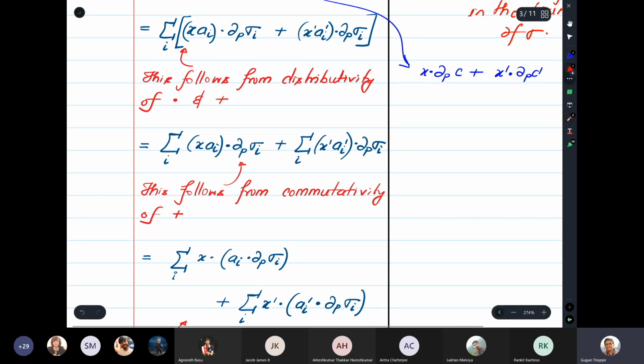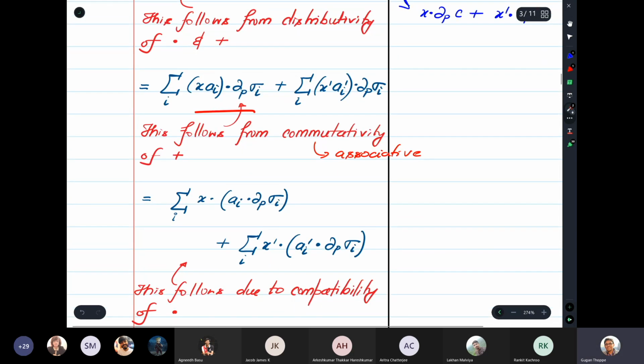In fact, it's also associative, which means that if you have more than two elements, which two elements you add first doesn't matter. So from this property, it's easy to see that you can break this sum in this fashion. This follows from the commutativity and associativity property.